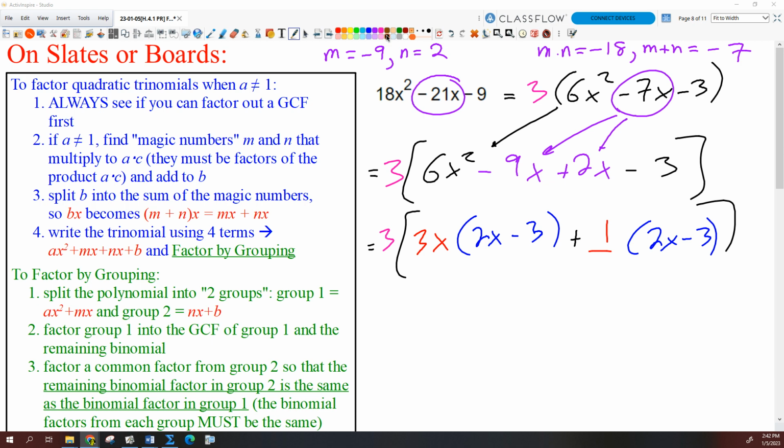So now I get my original 3, that GCF that we started with, times the blue 2x minus 3, and then what's left behind? Everybody agree? Just a 3x plus 1. If I take that 2x minus 3, pull it out front, I'm left with a 3x plus 1.